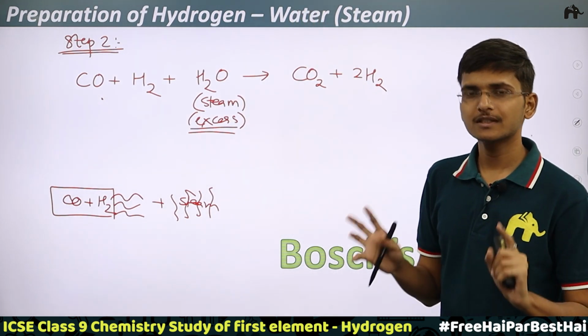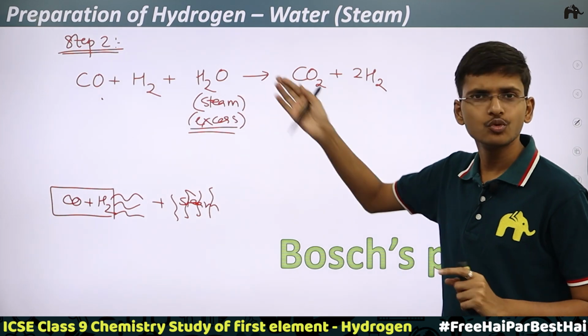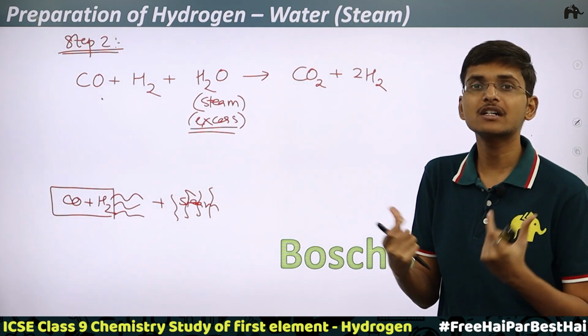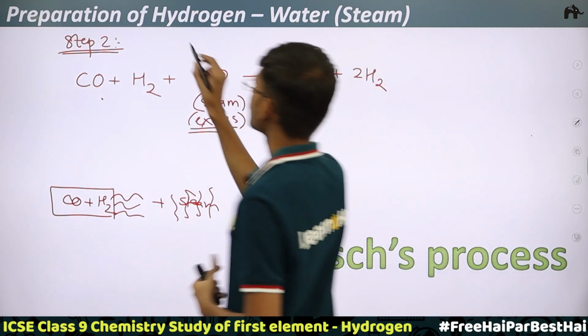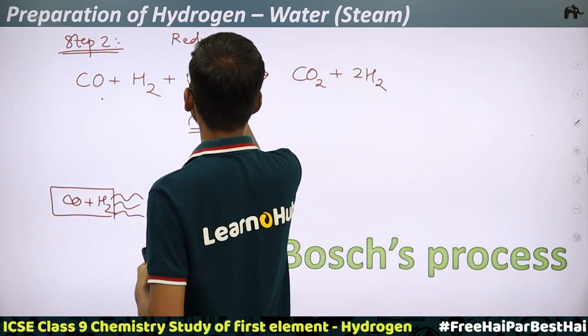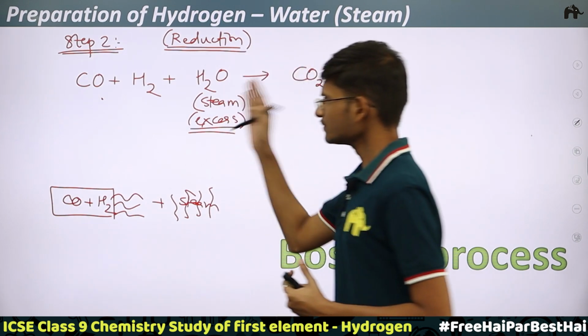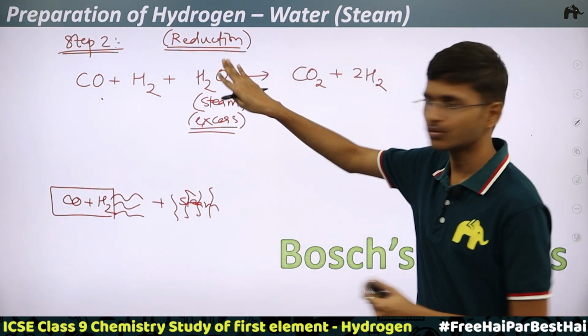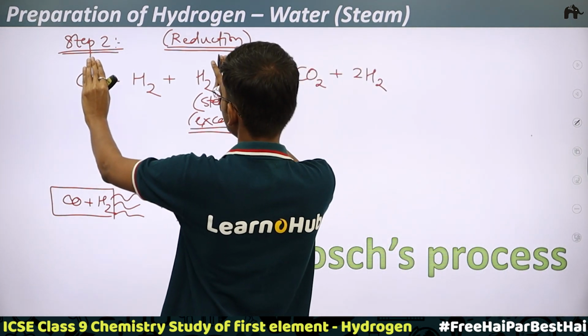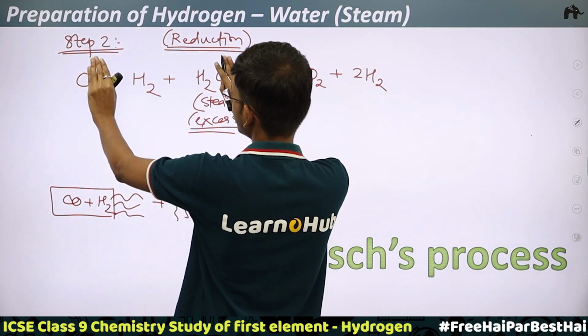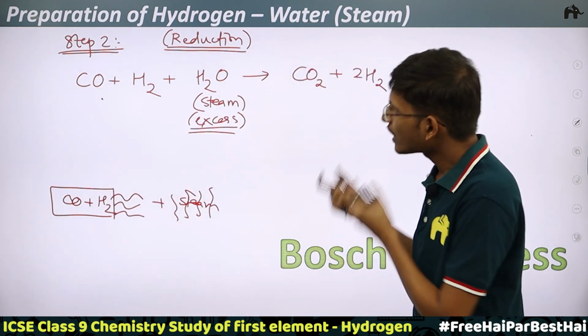I'm telling you here that whenever the oxygen is being removed, it is called reduction. We will learn it in more detail, but for now you can just remember in this way that since the oxygen from here is removed, carbon monoxide is taking up this oxygen, so it is forming carbon dioxide. So in this way you can understand.